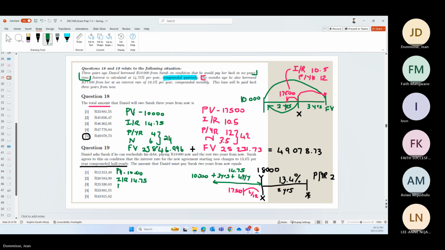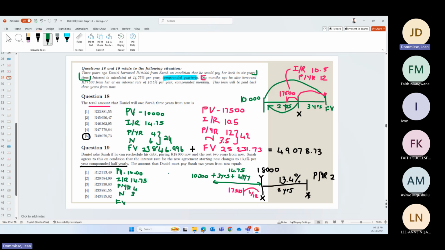The periods per year is still quarterly. The years is just much shorter. It is 3 years because we want to find out what it's worth now. So then our future value will definitely also be much smaller than the 23. So let's quickly redo that.